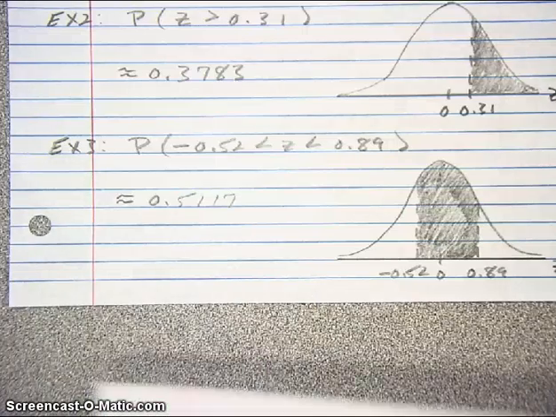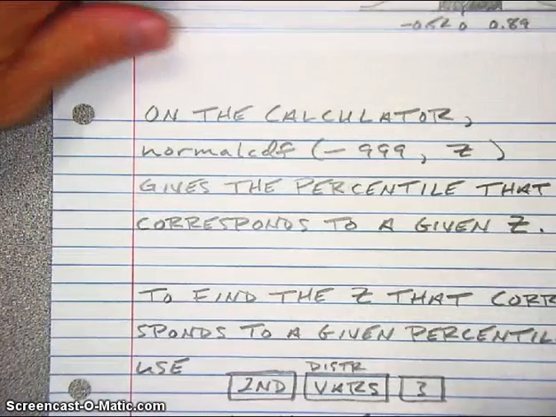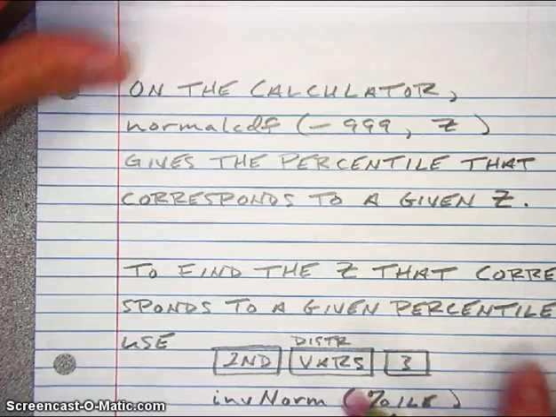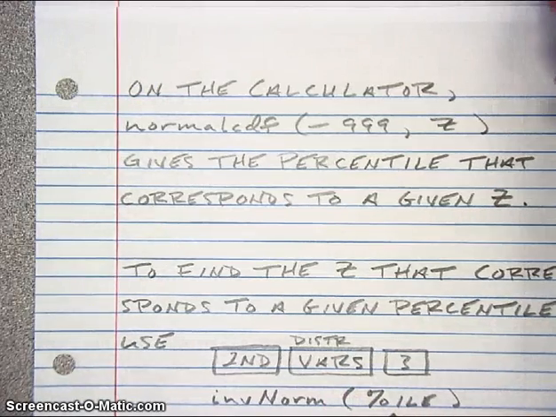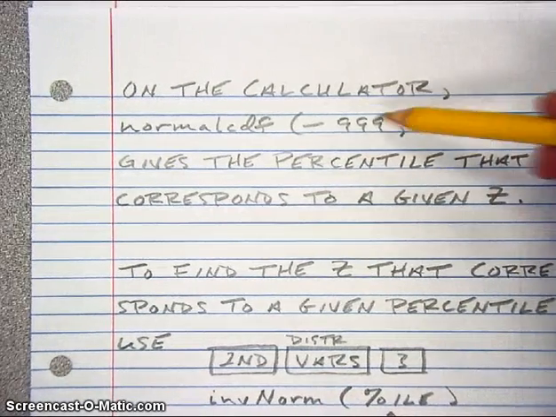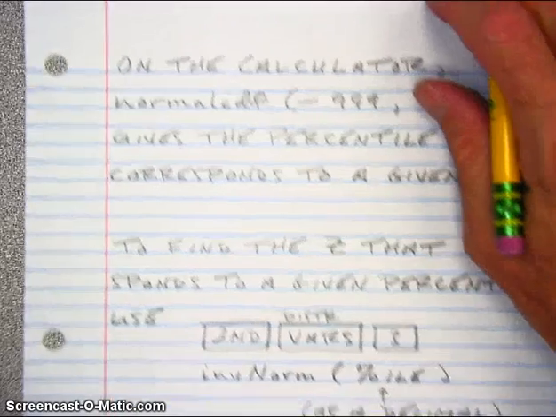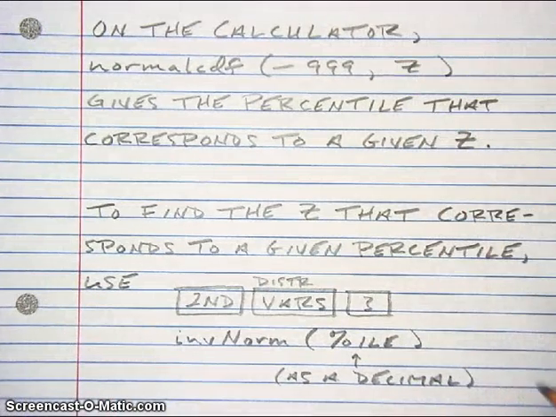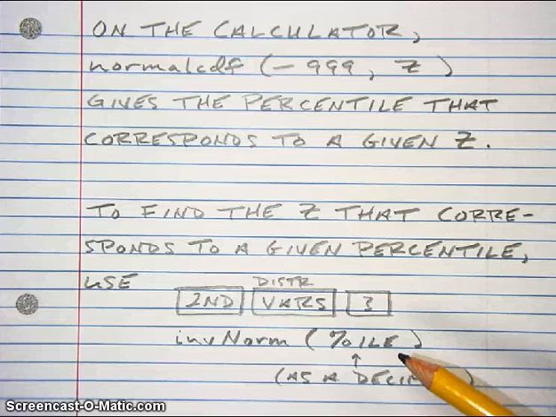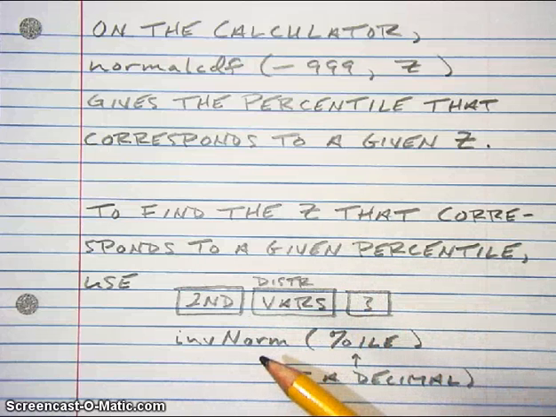Now, what the calculator gives you with normal CDF is the percentile. If you do normal CDF negative 999 comma z, that'll give you the percentile that corresponds to a given z, which you type in there. If you want to go backwards and find the z that corresponds to a given percentile, go second vars 3 and use a function called inverse norm.